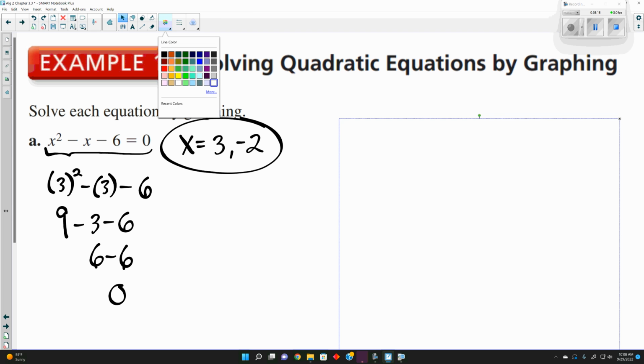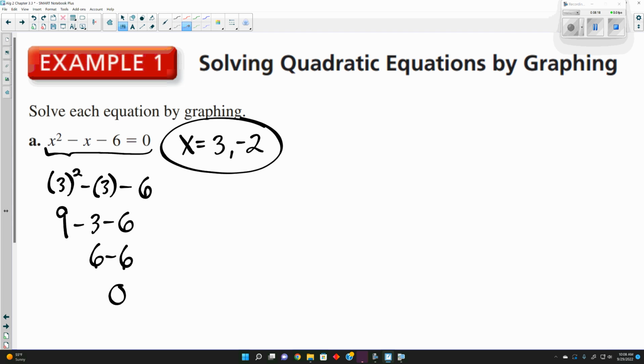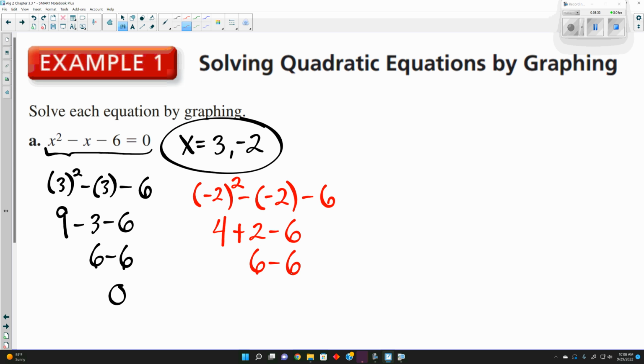The other number we had was -2. -2 squared minus -2 minus 6. Well, -2 squared is 4. Minus -2 is going to be plus 2 minus 6. 4 plus 2 is 6, and 6 minus 6 is 0.